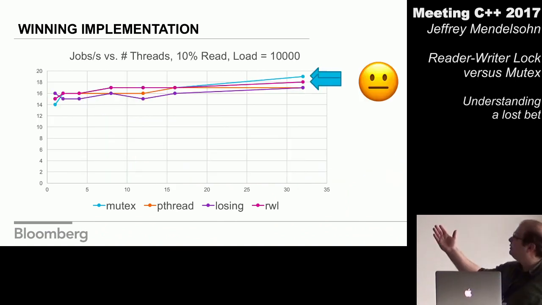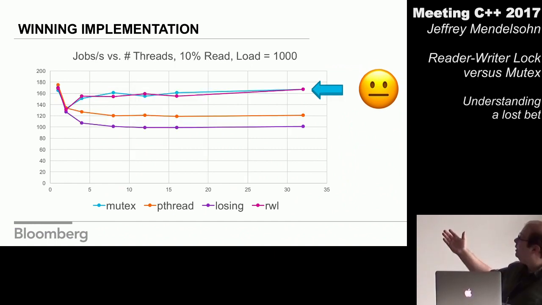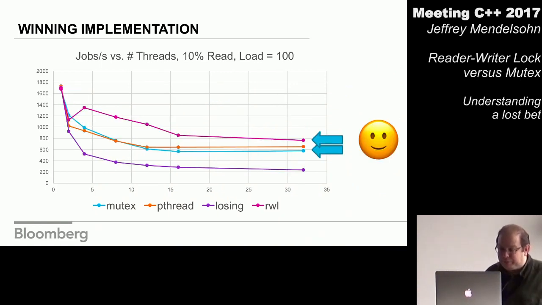So at a very long hold time for the lock, ridiculously long, again, we see no real difference between the algorithms. At a long hold time, we show the new algorithm matching Mutex. Moving down to the workload of the bet, we see something interesting.